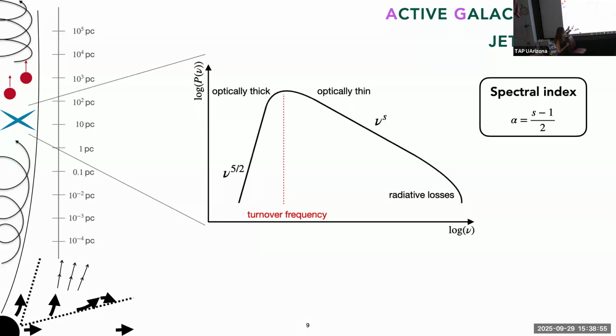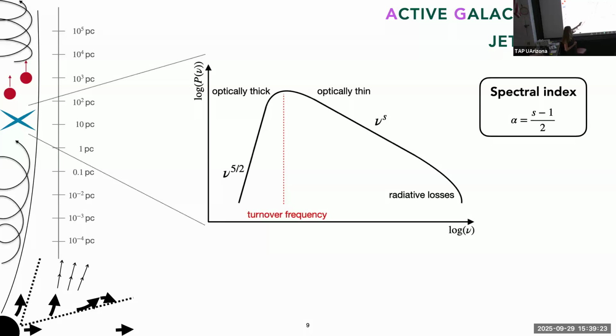A typical spectrum observed from an AGN jet is shown schematically here. You have the power over frequency and you have a turnover frequency where the system goes from optically thick to optically thin. My work is focused on the optically thin regime, so we have the latter part of the spectrum with the power law cutoff of radiative losses.